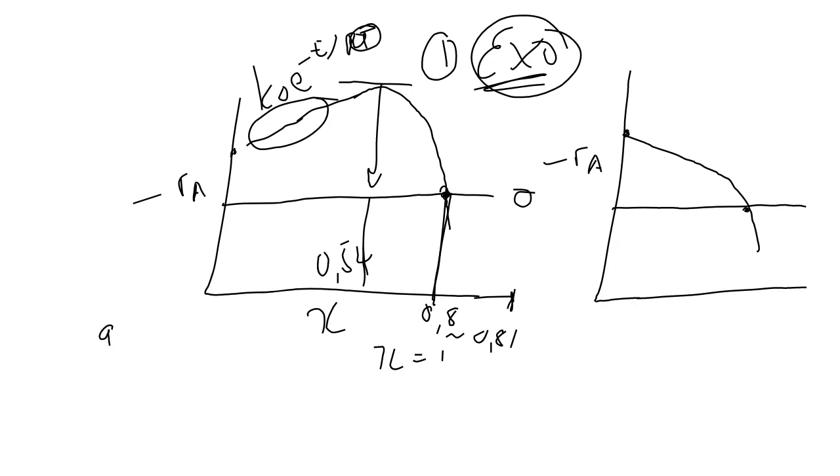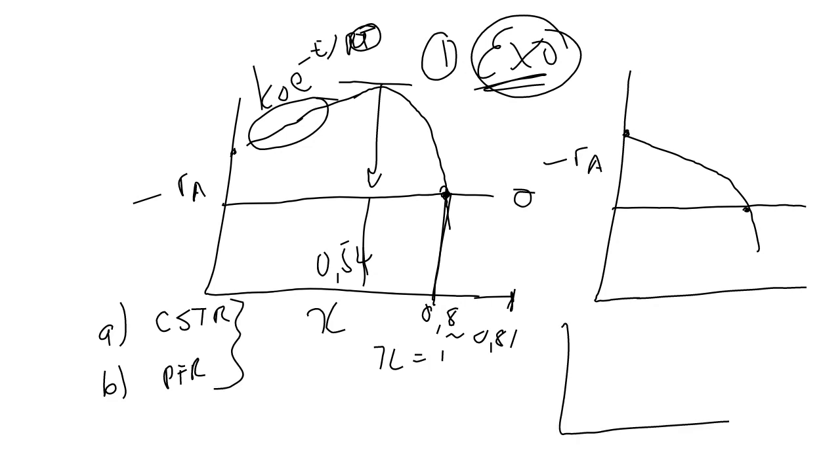For question A and question B, this is me testing your resolve. I can be mean sometimes and ask questions that are meant to confuse you if you are not sure of your facts. I ask for the CSTR maximum conversion and the PFR maximum conversion. And what you have to realize is that this will be the same for an adiabatic reactor.